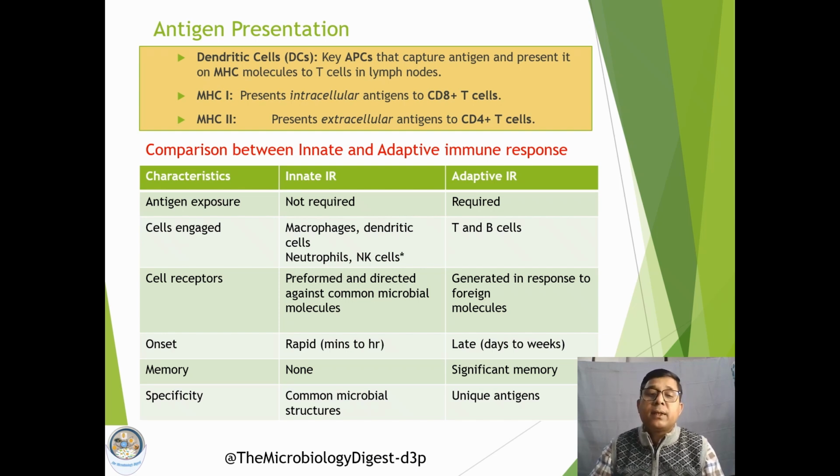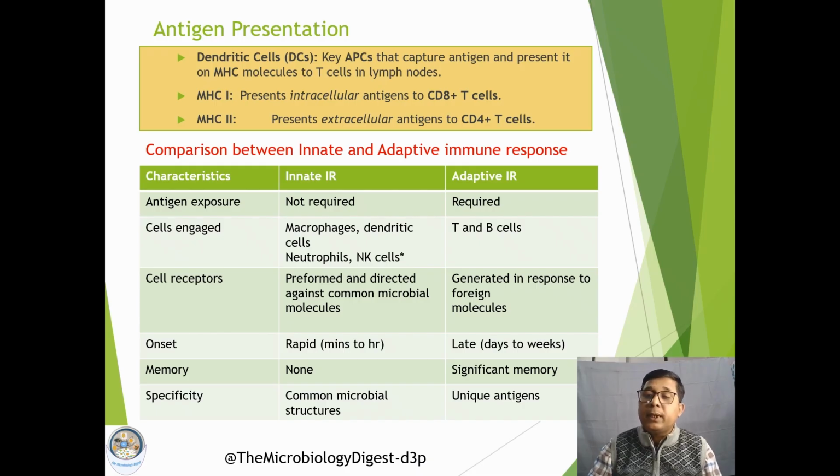Now let us know the differences. As I said, certain characteristics differ between innate immunity and adaptive immunity. First one is antigen exposure. In innate immunity, antigen exposure is not required; it is not dependent on antigen exposure.